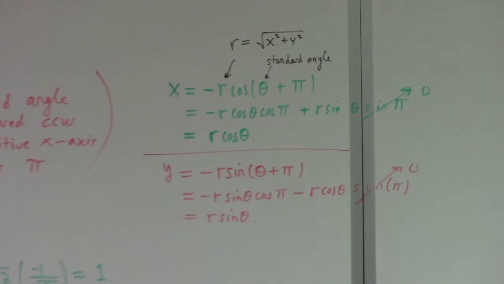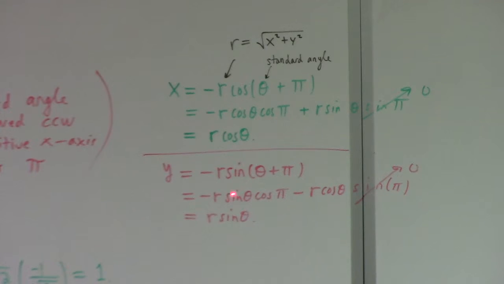So you can see that it's not a quirk of my example that it worked out to the same thing, right? It's a general feature of this. If you trade theta for theta plus pi and you swap out r for minus r, you're still at the same point. Same x value, right? And likewise, you see what happens with the minus r and the sine of theta plus pi.